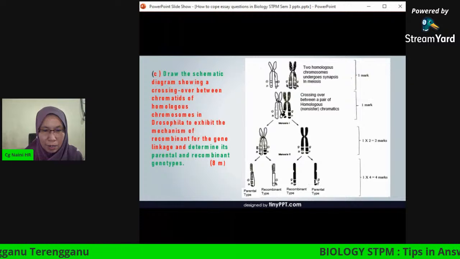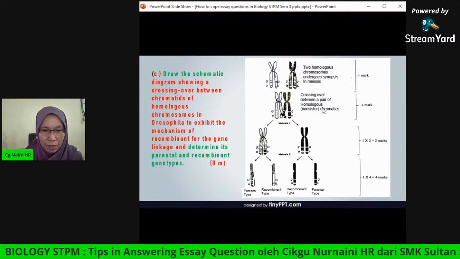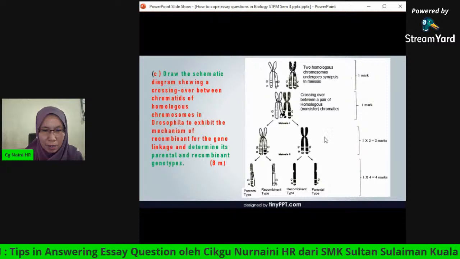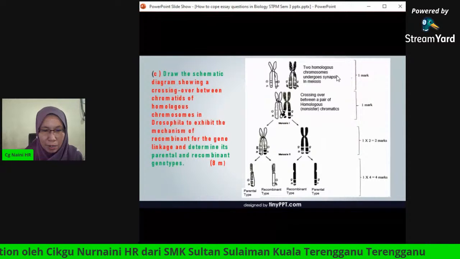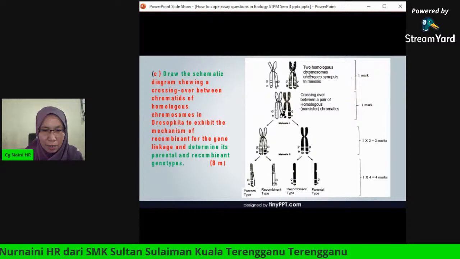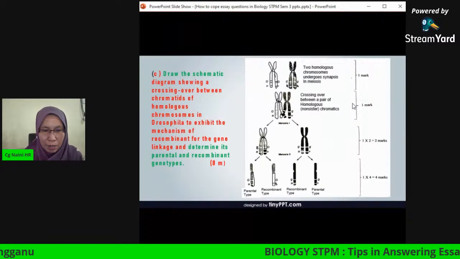So the drawing will get 4 marks. Whatever you can, refer to another example diagram in your reference book. The marks will be given to the drawing. This 1 mark is for the first one before crossover, and when crossover occurs, you must show it.